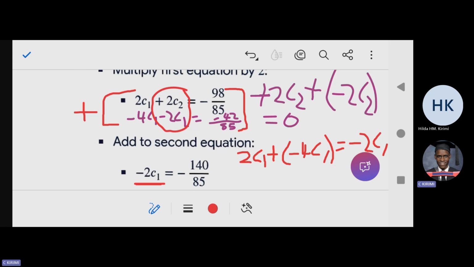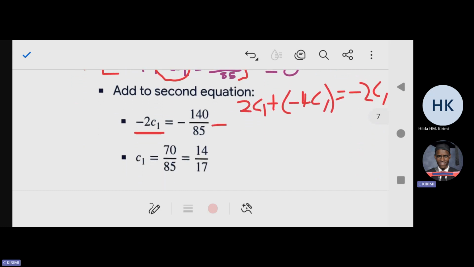Then on the right-hand side, minus 98 over 85 plus minus 42. So you are just adding. Then you know it's a negative number. So you get this one on your right-hand side. Then you solve for C1 by dividing both sides by what? 2.